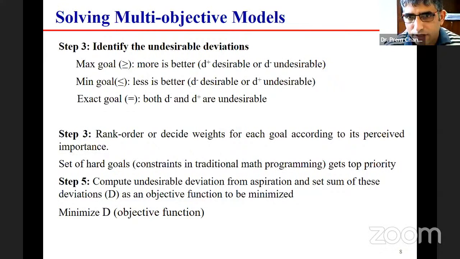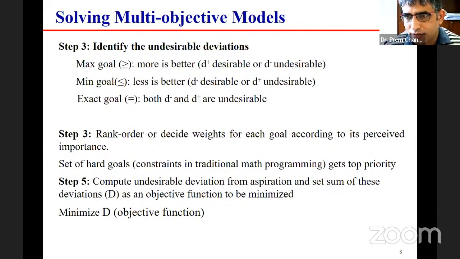Next, we rank or weight our goals based on importance. Suppose my top priority is to earn profit, my second priority is to reduce water, and my third priority is to fulfill my family obligations, meaning the minimum quantity of food grains.